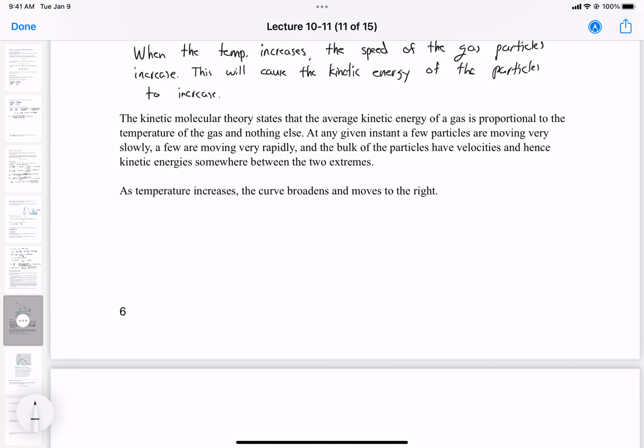So let's talk more about the average kinetic energy of a gas. It's only proportional to the temperature of the gas and nothing else, and we're just talking about the average kinetic energy. Think about two things.